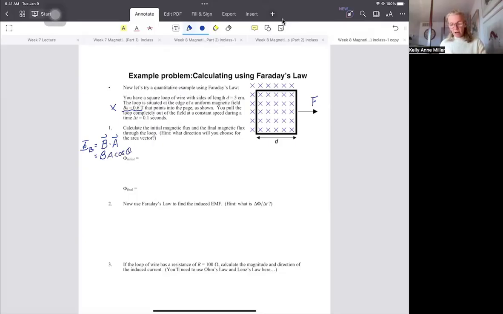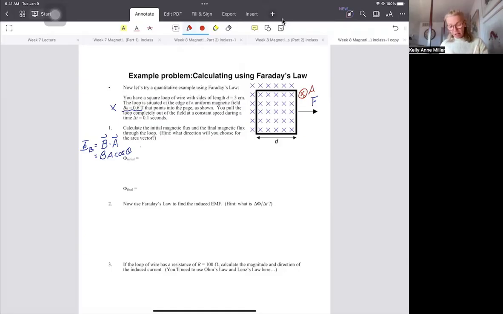Now we're going to draw our area vector so that it's pointing in the same direction as the B field, so into the page. Okay, so I just drew my little area vector there. And so the angle between them is 0. So cosine of 0 is 1.